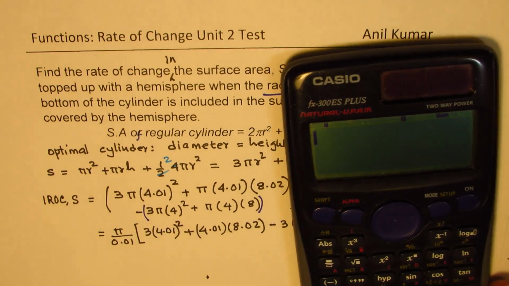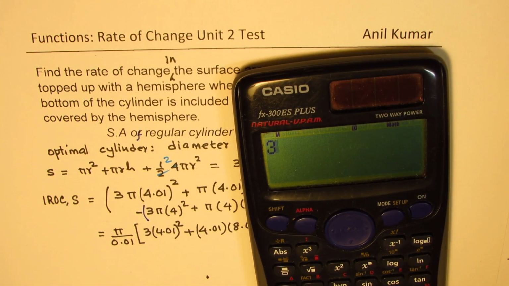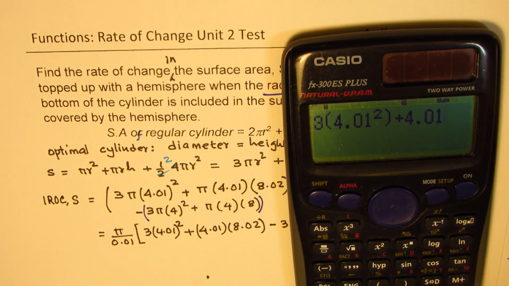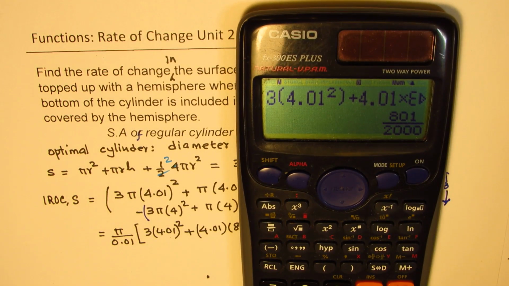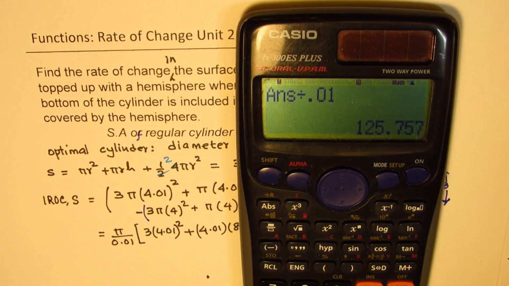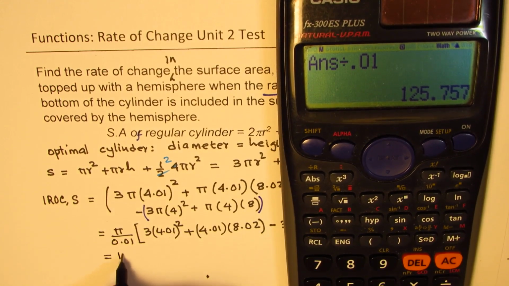So let's use the calculator to find this answer. 3 times 4 square is 48, minus 32 for the second part. And this will be multiplied by pi, let's say 3.14, and we'll divide this by 0.01. So we get equal to 125.757.